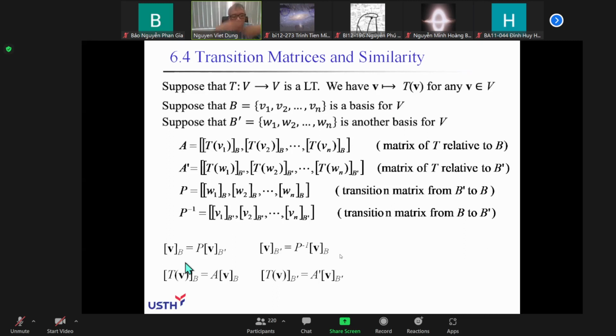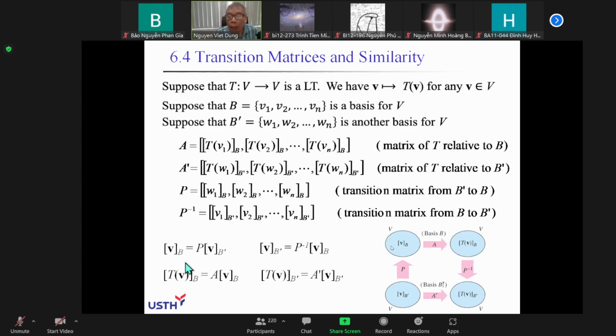Okay. Now, together with all of this, we can see the relation between A and A prime. Look at the diagram here. At the bottom, that is the linear transformation T, and on both sides V and V, we consider the basis B prime. Because of that, the matrix will be A prime. That is this line here.